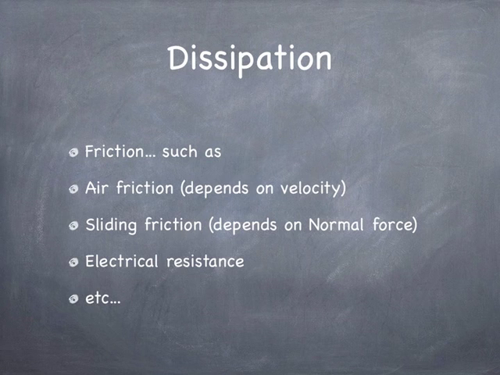Air friction is another example of dissipation, which results in change in temperature, and another case where you end up getting dissipation and changes in temperature is electrical resistance, which we'll talk more about next semester.